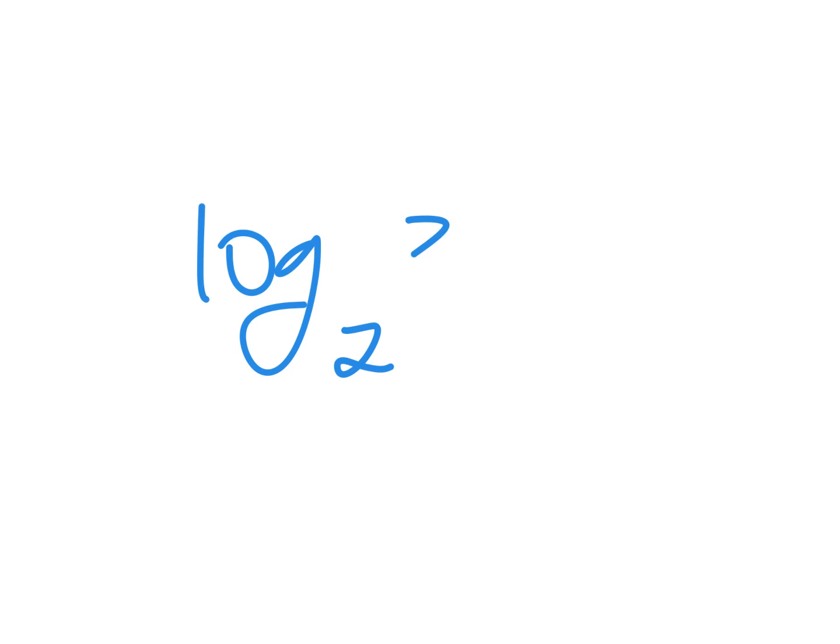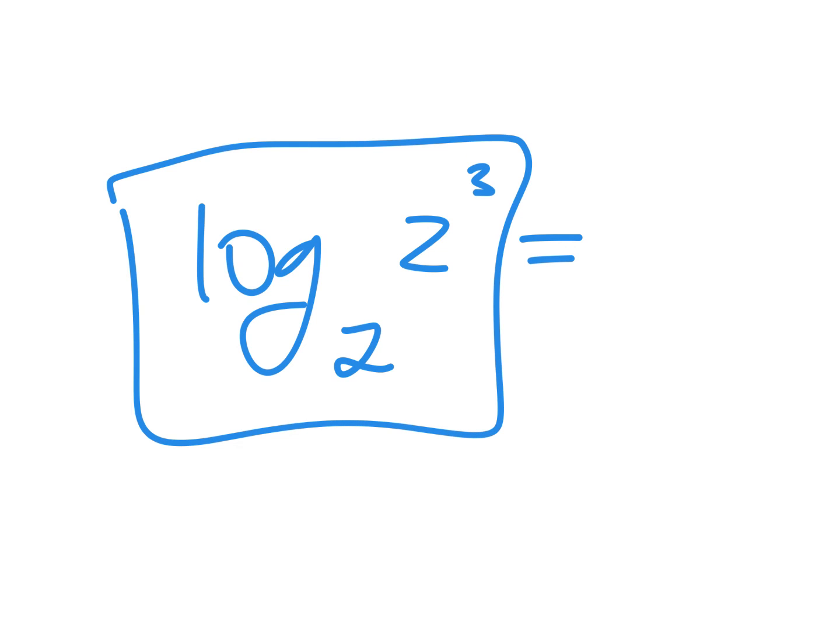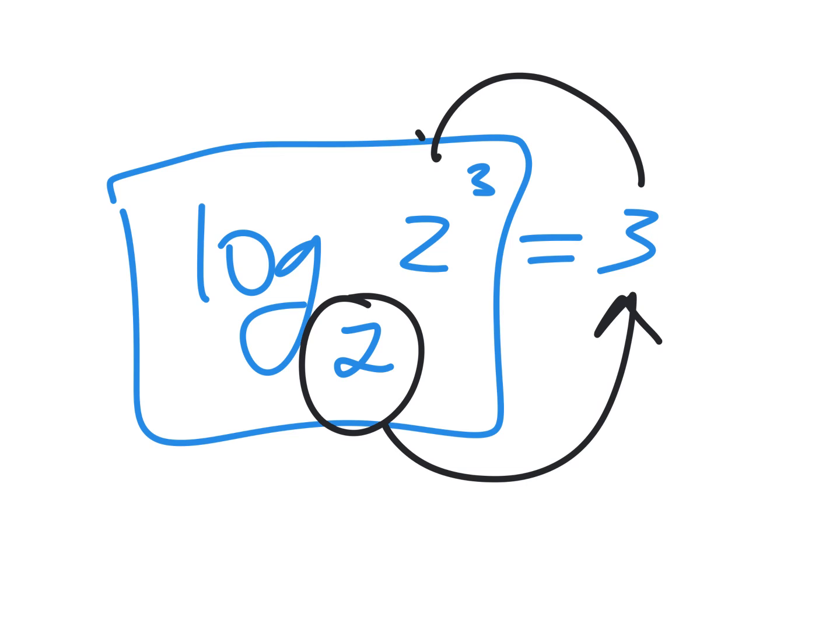So as soon as I change this to 2 to the 3rd, then the answer's already there. What is it? 3. If you type this into a calculator, the answer would be 3. Why? Well, watch me rewrite it. 2 to the 3rd equals 2 to the 3rd. See? Circle of logs.